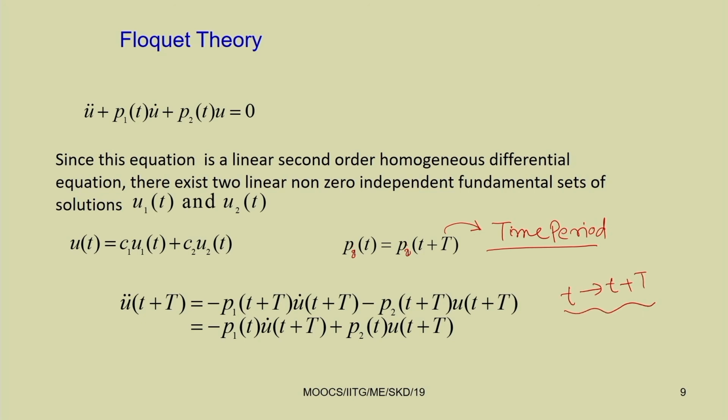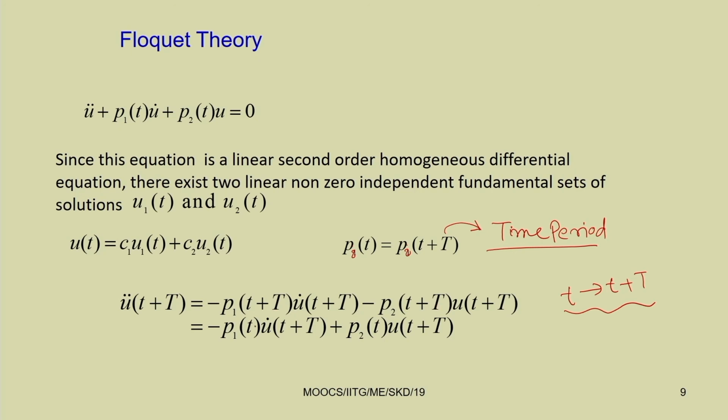So, u double dot (t plus T) will be equal to, since we have taken these two terms to the right hand side, minus p1(t plus T) u dot (t plus T) minus p2(t plus T) u(t plus T). Already you know that p1(t plus T) equal to p1(t) and p2(t plus T) equal to p2(t).